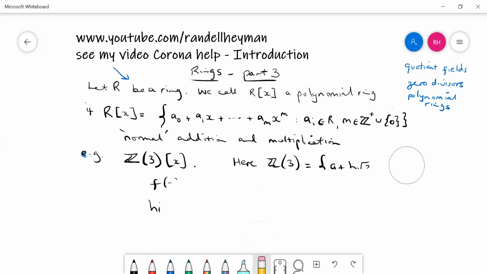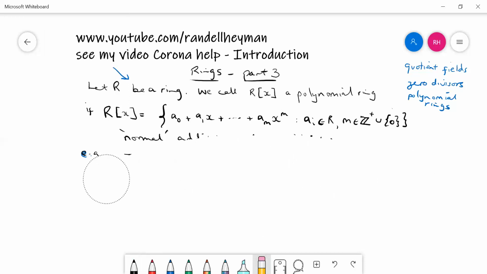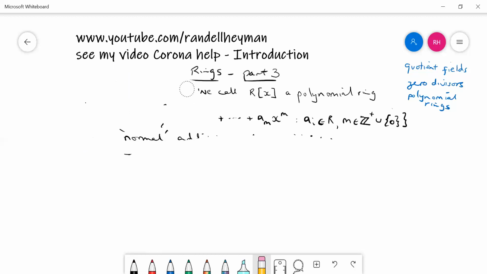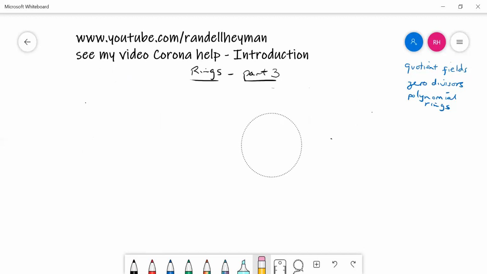And unless someone asks me specifically, I'm not going to go into what I just wrote up here. I'll just mention it in closing. And that is, you can have a ring of multivariate polynomials.